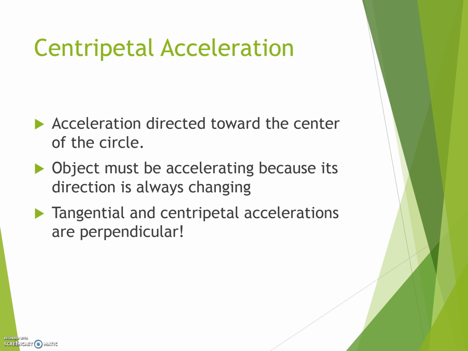And the tangential and centripetal accelerations are always perpendicular to each other or at right angles to each other. The units for centripetal acceleration are the same as any other acceleration, and that would be a meters per second squared unit.